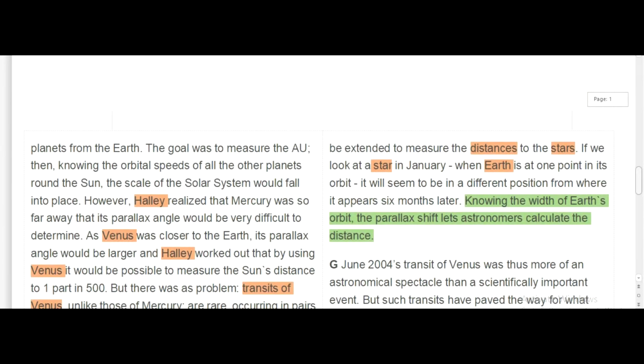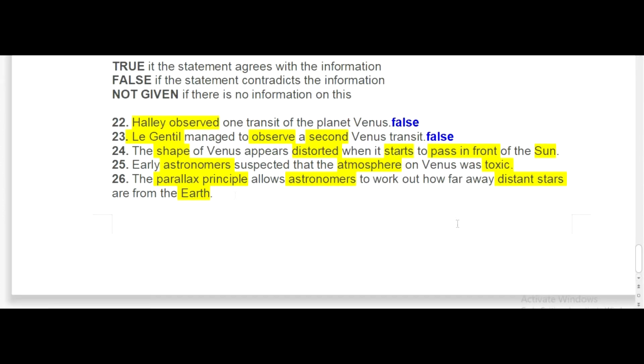And here it says that knowing the width of the Earth's orbit, the parallax shift lets astronomers calculate the distance to the stars. Means it allows the astronomers to calculate the distance. So of course our answer is true.